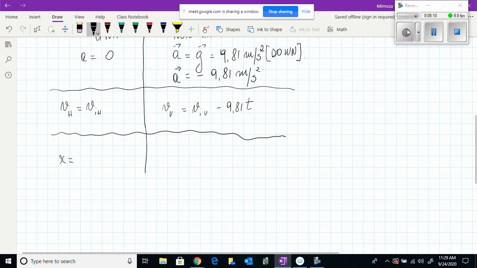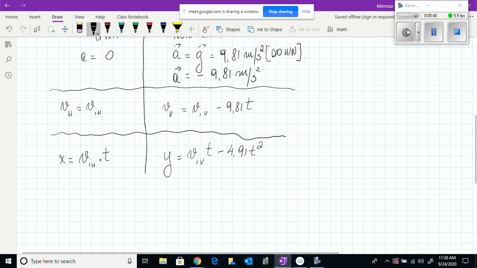Since we are dealing with a uniform motion in the horizontal, the displacement will be the velocity times time. And in the y-axis it will be the vertical component of the initial velocity times time minus 1/2 times 9.81 t squared, and 1/2 times 9.81 is safe to say 4.91 t squared.